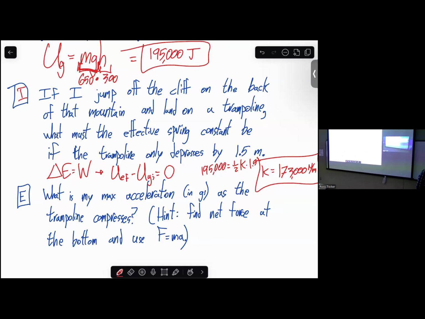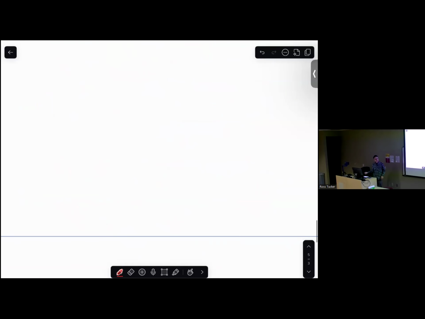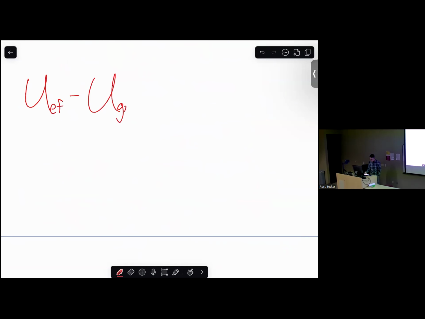Let's do this. Suppose I introduce a work of negative 100,000 joules. The friction is going to suck that out. I would say the final elastic energy minus the initial gravitational energy equals the external work done.